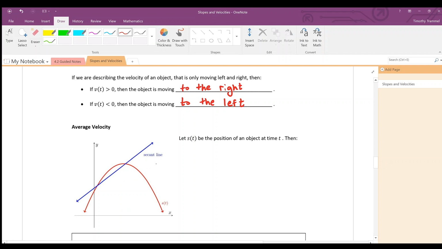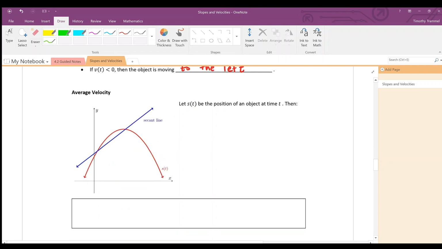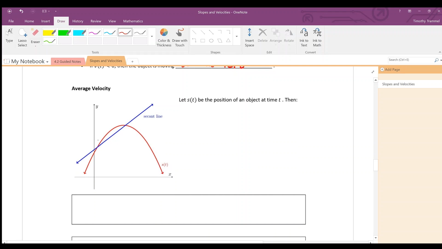Now, I want to actually write down the definition for average velocity before we even look at this picture. Okay. So average velocity is equal to the change in position over the change in time.